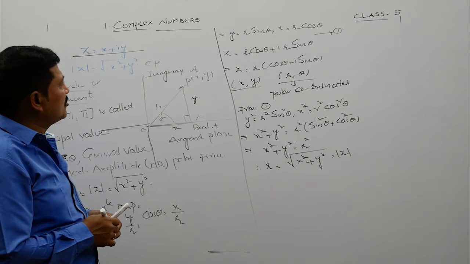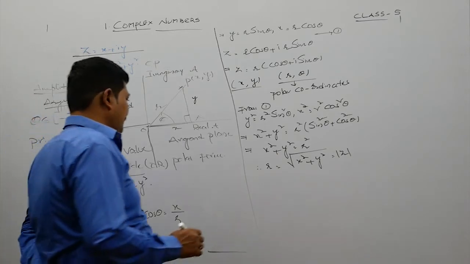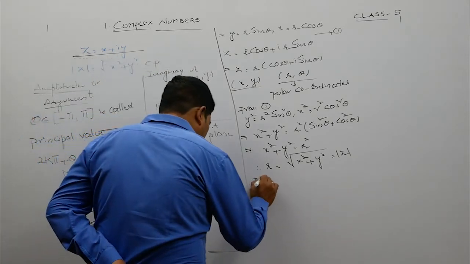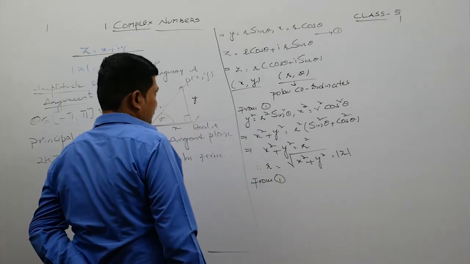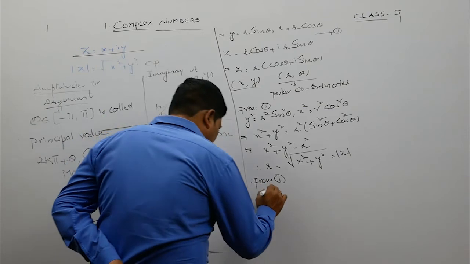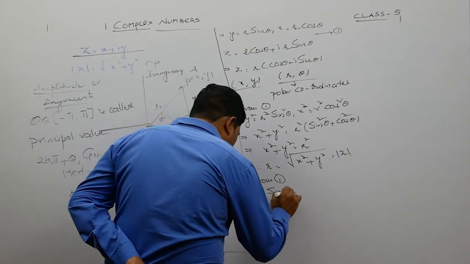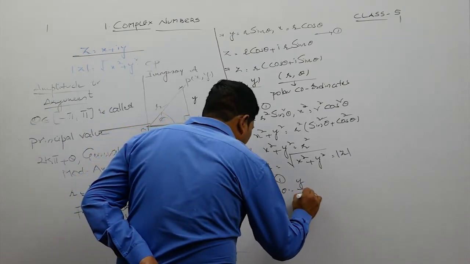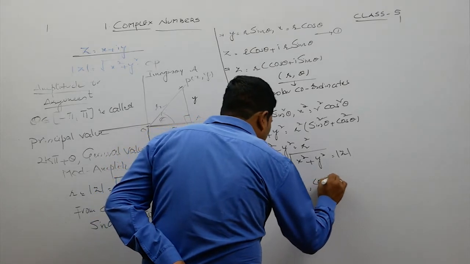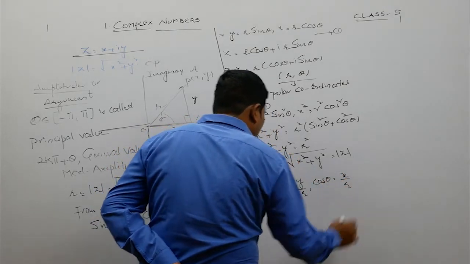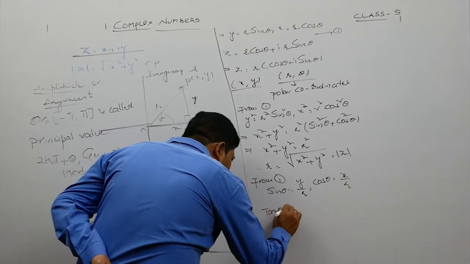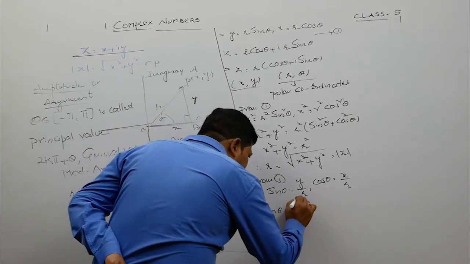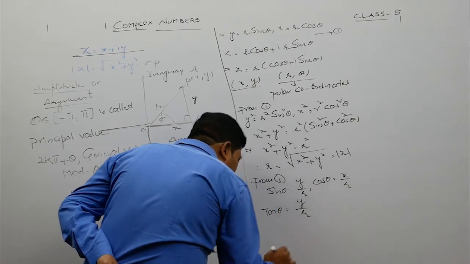Again, by using those two relations from 1, sin theta is equal to y by r, cos theta is equal to x by r, and hence sin by cos, tan theta, is equal to y by r by x by r, that is equal to y by x.